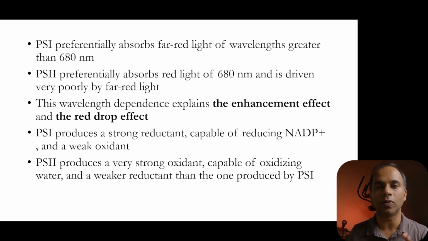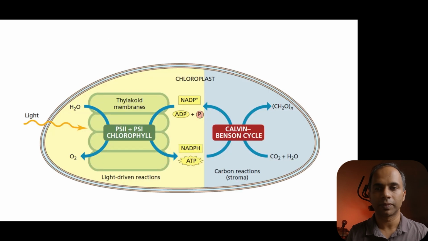Okay, so let's see how our light reaction is going to link with the carbon reaction. Take a closer look at this diagram. As you can see, we have our light-driven reaction.